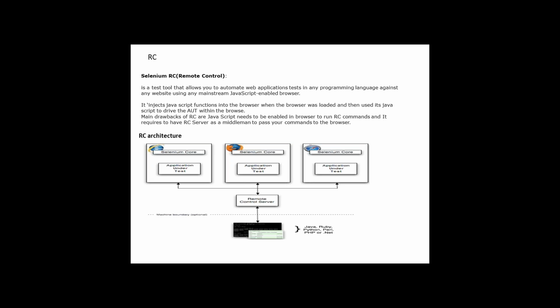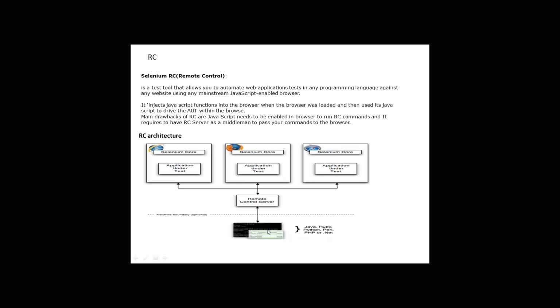If you look at this architecture, you have the programming language in which your application is automated. Let's say you have written it in Java, and then this is your application under test, AUT.